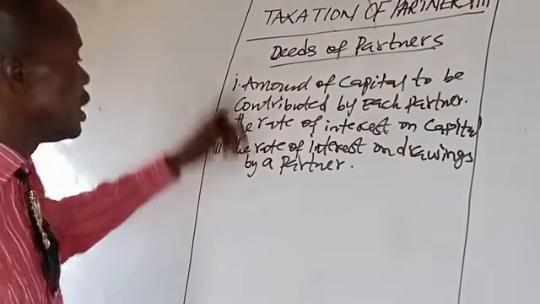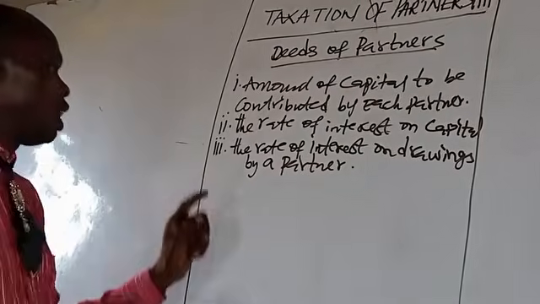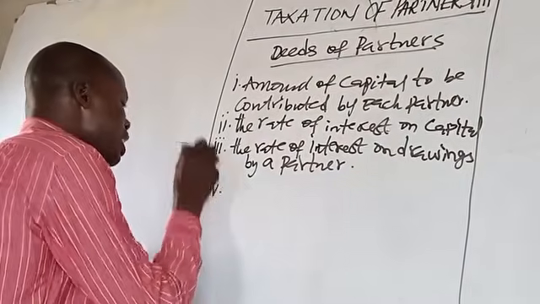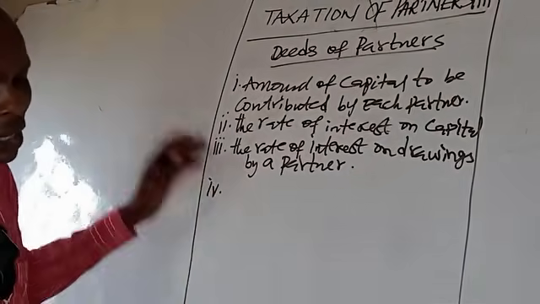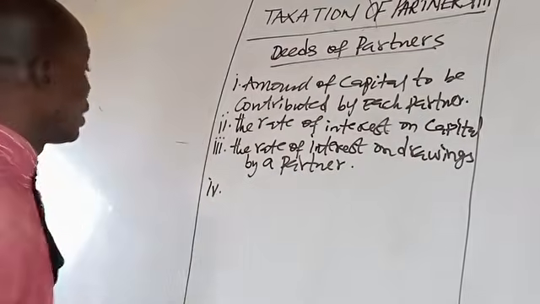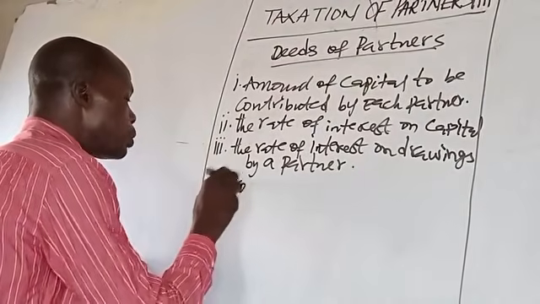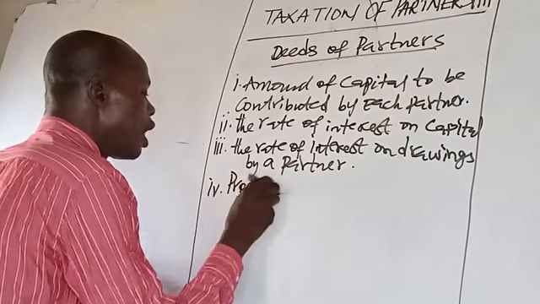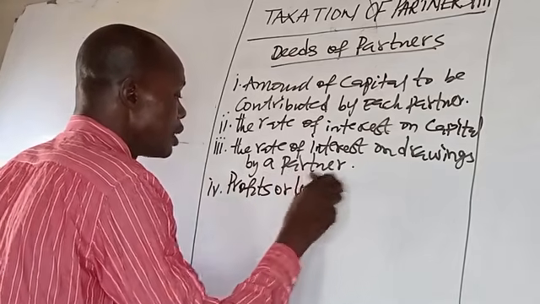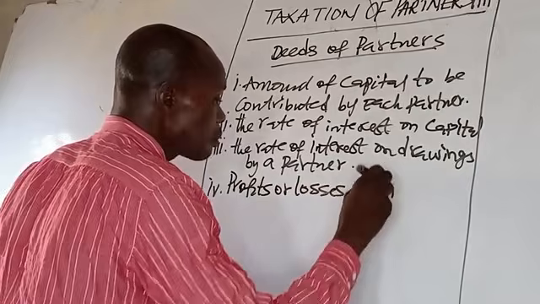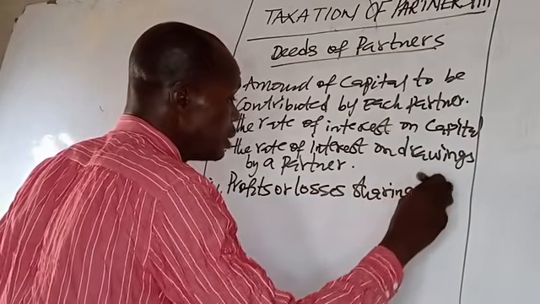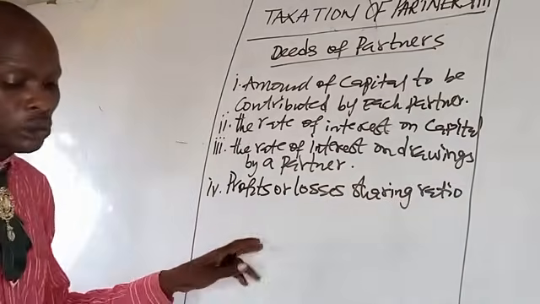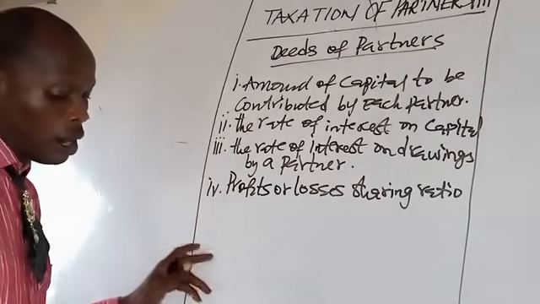The rate at which interest will be charged on such drawings must be spelled out in the deeds of partners. Then the profits or losses sharing ratio. This must equally be spelled out in the deeds of partners.